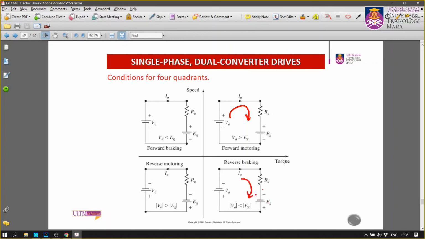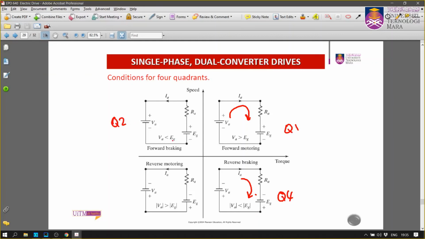So EG also changes polarity, so that current flows in that direction, and then you have EG greater than VA. Okay, then we look at this Q1, this is Q4, then we look at Q2 here.